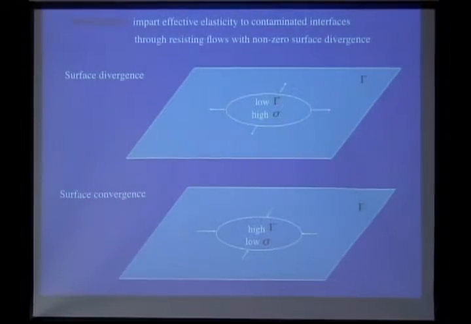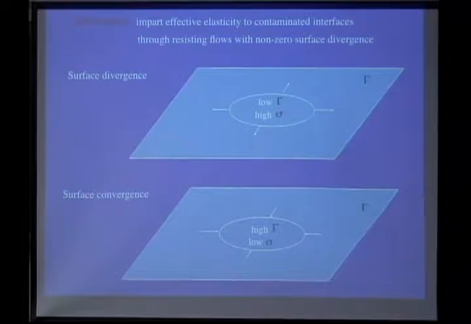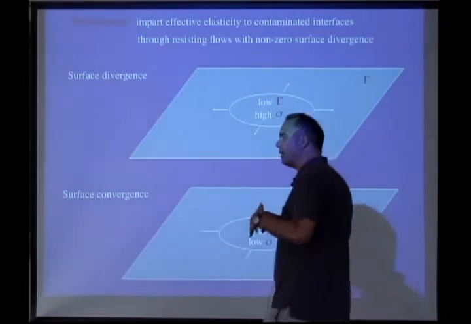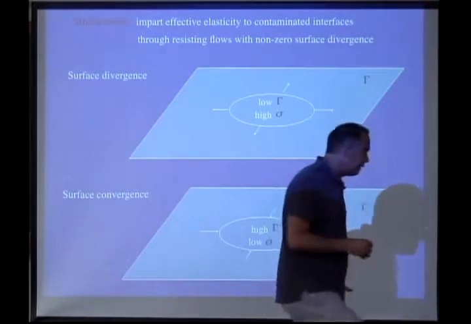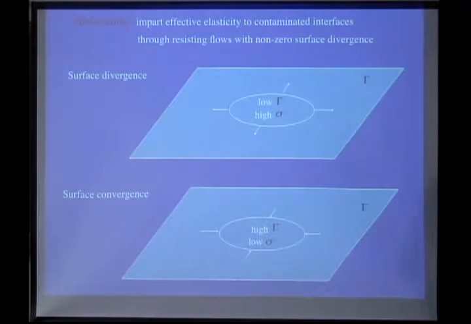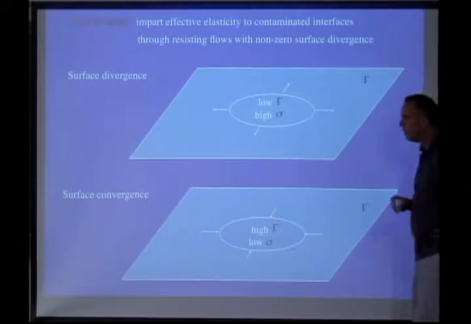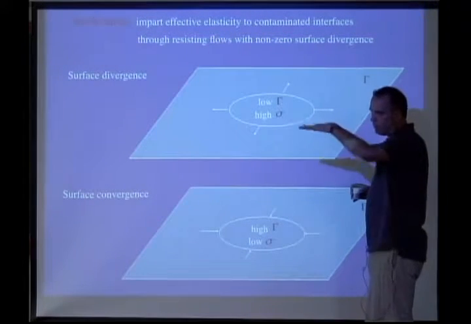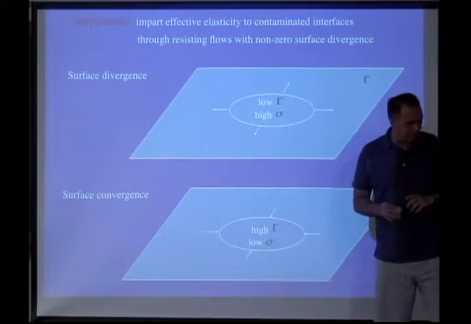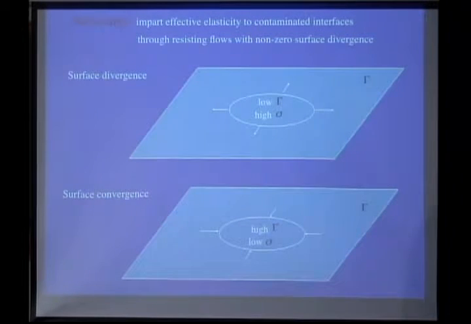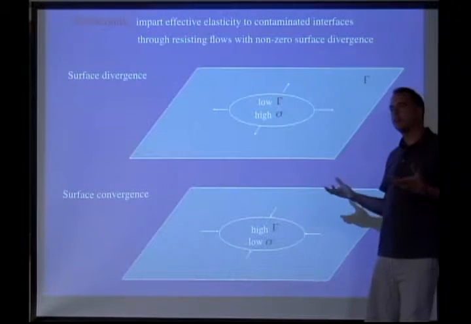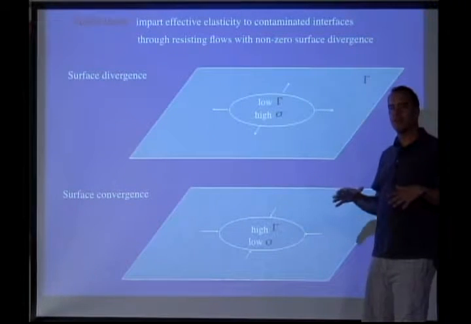Okay, so we know that the presence of surface tension imparts to the surface an ability to resist curvature. So we know it's energetically costly to deform a planar interface. A planar interface has the minimum area. But there's nothing resisting surface divergence if you have a clean interface, right?